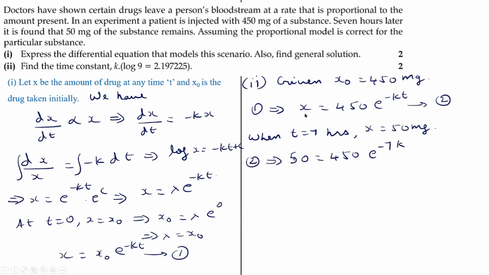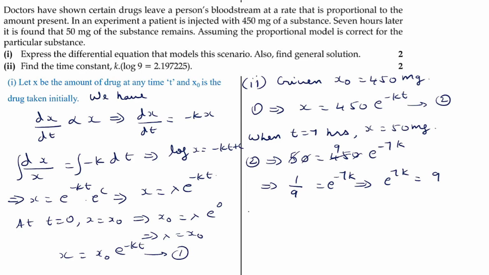Here we are putting x as 50 and t as 7. Or we have this is 1 by 9. So 1 by 9 equal to e raised to minus 7k, or e raised to 7k equal to 9.